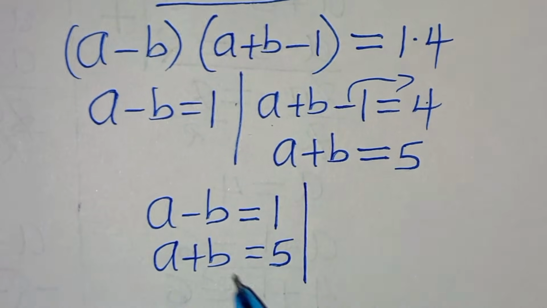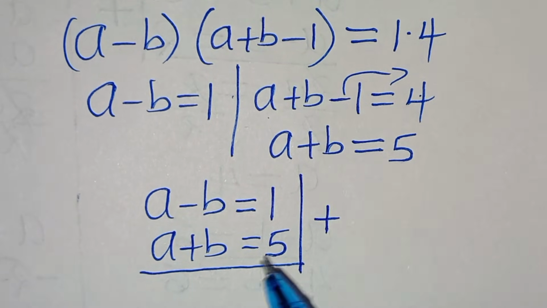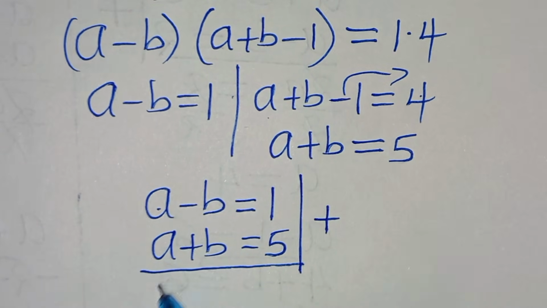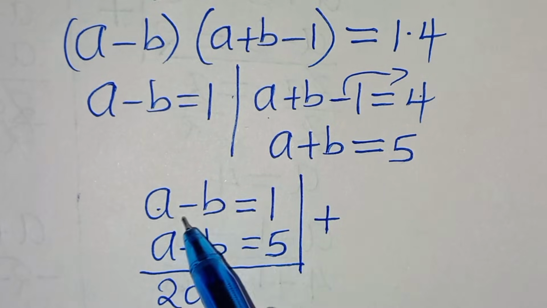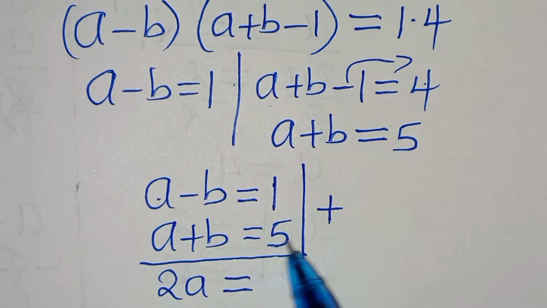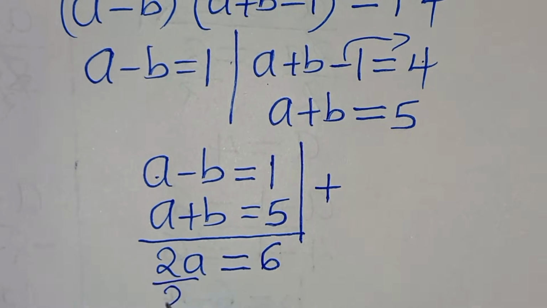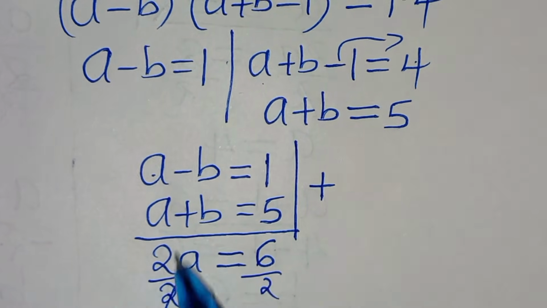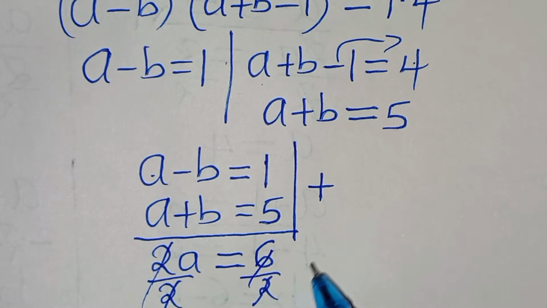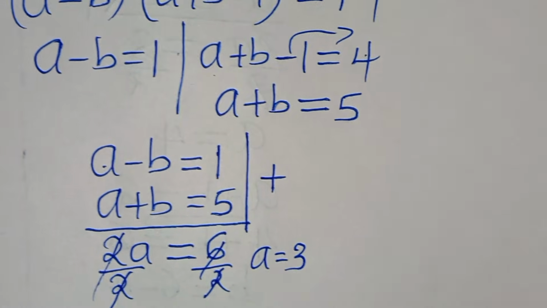So these are systems of two linear equations again. Let's sum them. A plus a is equal to 2a, minus b plus b simplifies, then this is equal to 1 plus 5, which is 6. So if we divide both sides by 2, then we have that a is equal to 3.